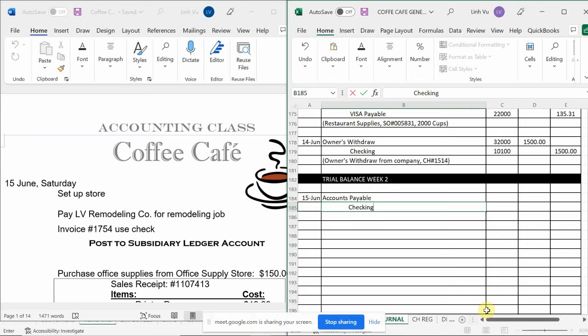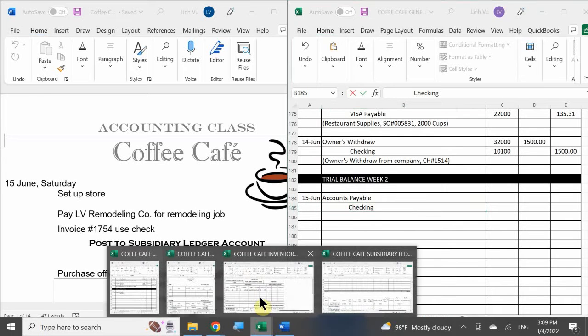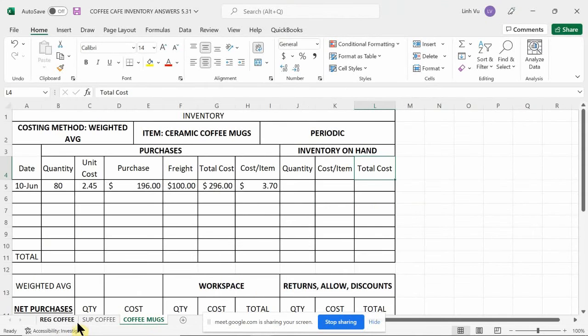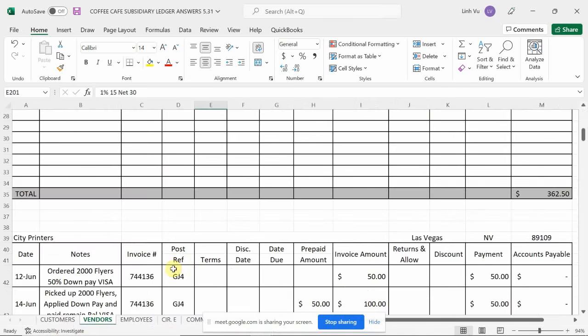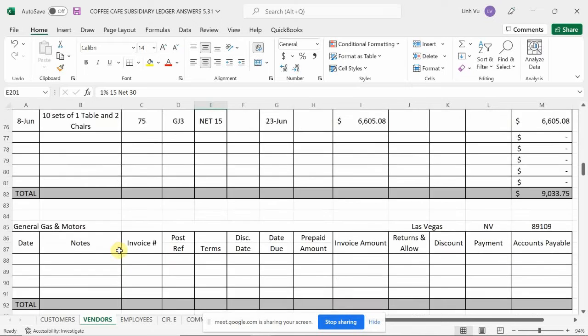Because I remember we talked about it yesterday. In this case, if we did not record this yesterday, it's in the subledger, I think. Subledger under what? LV Remodeling. Okay, vendors, LV Remodeling.